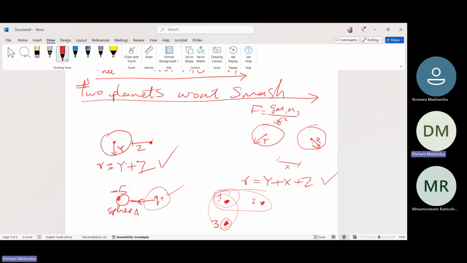In this case, if this is negative and this is, let's say, positive, and let's say this is positive and this negative, choose between the two, A and B. Which one represents the direction of the resultant force, A or B?